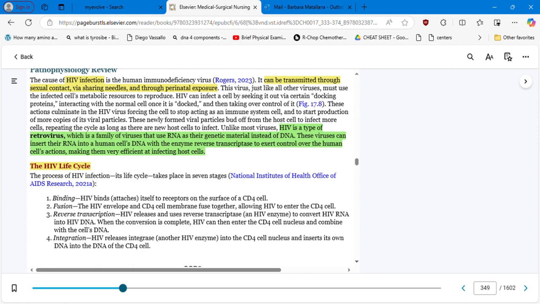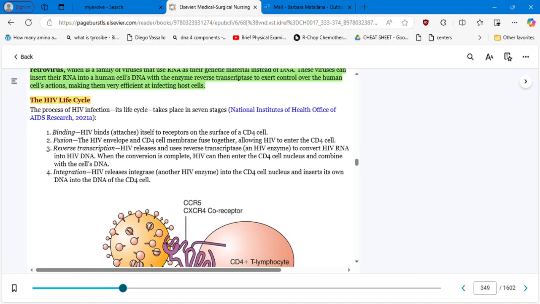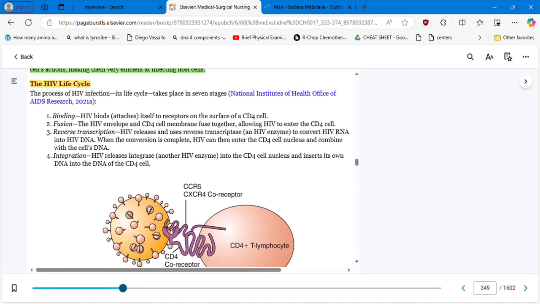Okay, so the HIV life cycle here. I'm not going to test you on each stage of the HIV life cycle, but you need to understand the relationship between the life cycle and the medications, because the medications address specific stages of how the virus multiplies.